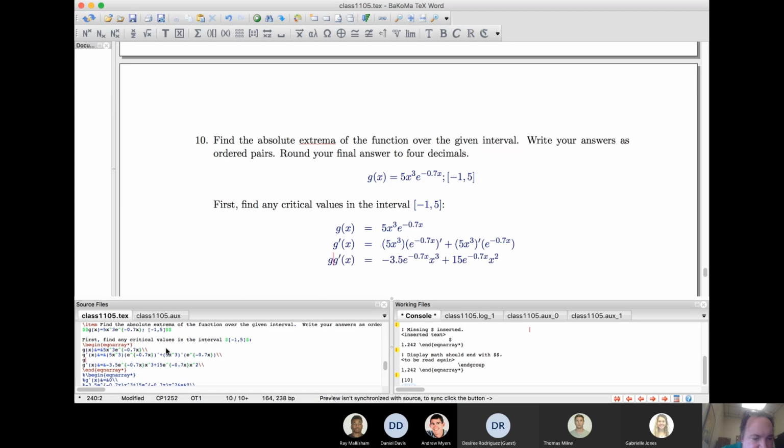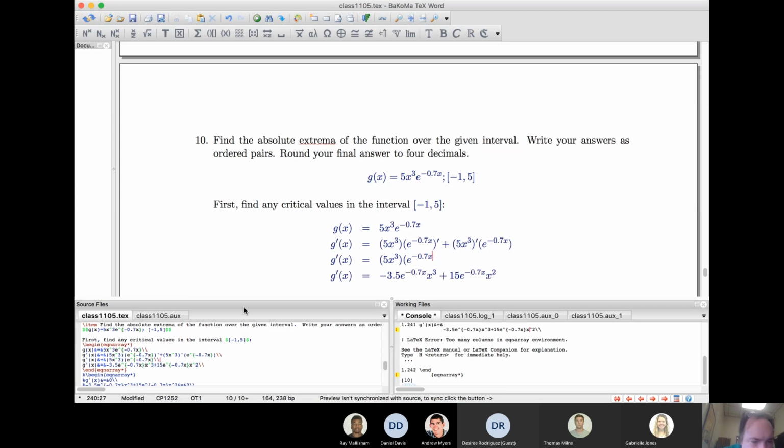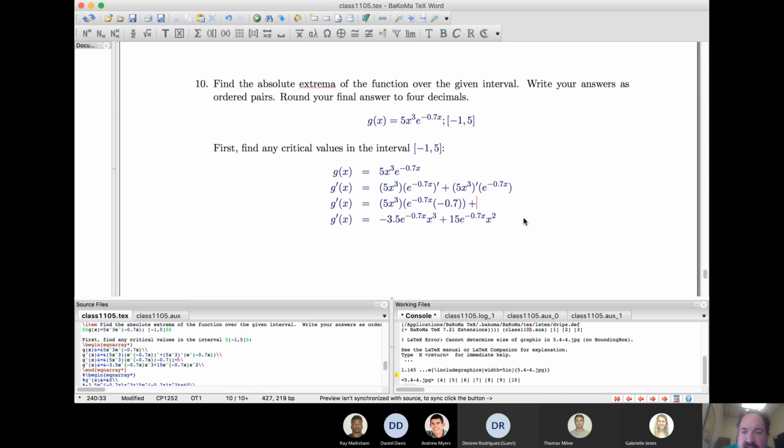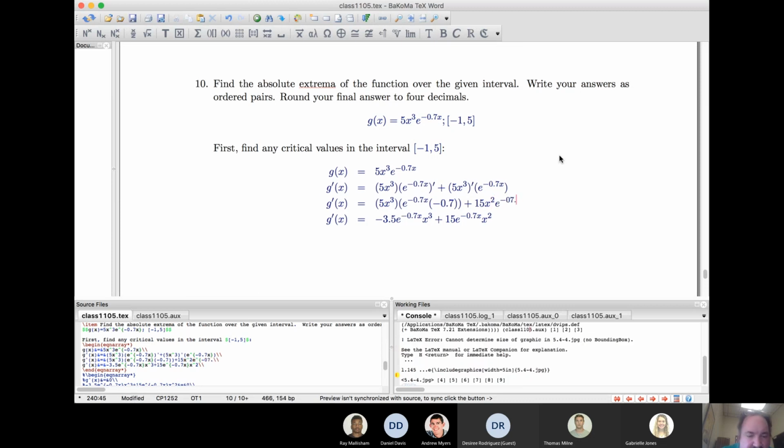Then working out those derivatives, here we take the derivative of the exponent, which is going to give us a factor of minus 0.7, plus the derivative of 5x cubed, that would be 15x squared, and then times this exponential.